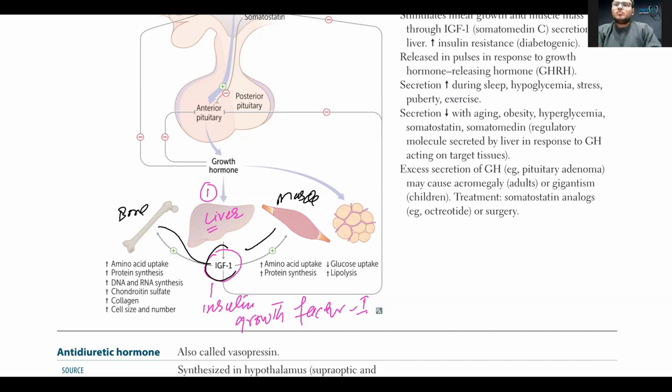Okay, insulin like growth factor 1 acts on bone and muscle. In the bone, it increases amino acids, protein synthesis, DNA, RNA synthesis, chondroitin sulfate, glycosaminoglycan, collagen deposition, cell size, and cell number. Very, very important. All growth factors that are needed are increased under the influence of insulin like growth factor 1, which is also called somatomedin. Okay.